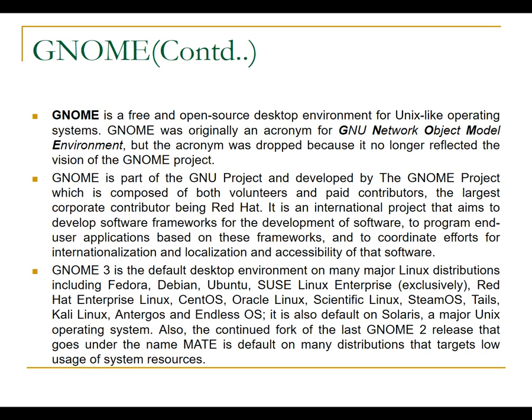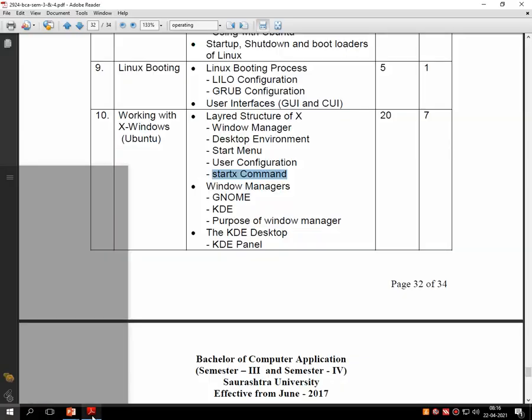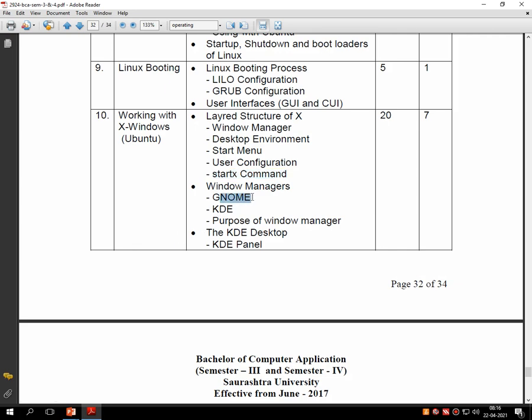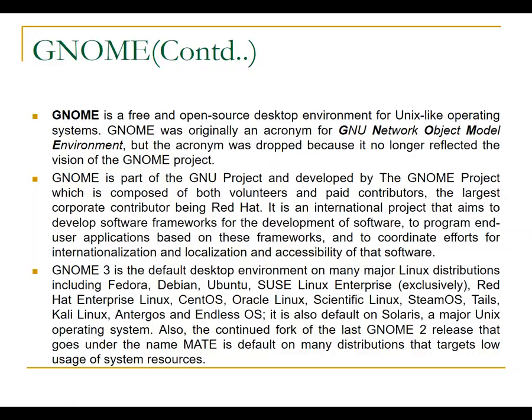Let's discuss something more about the window manager called GNOME. GNOME is a free and open source desktop environment for Unix-like operating systems. GNOME was originally an acronym for GNU Network Object Model Environment, which is the full form of GNOME.